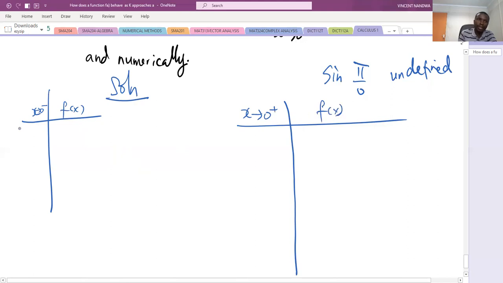So you can pick values like, say, negative 0.1, negative 0.03, negative 0.07. There's nothing special in these cases, but what is supposed to be done is that you pick values which are very, very close to 0. And then negative 0.0009, say negative 0.00065.